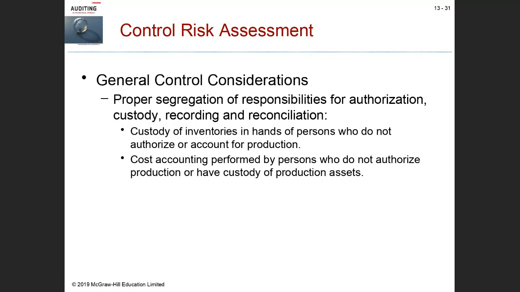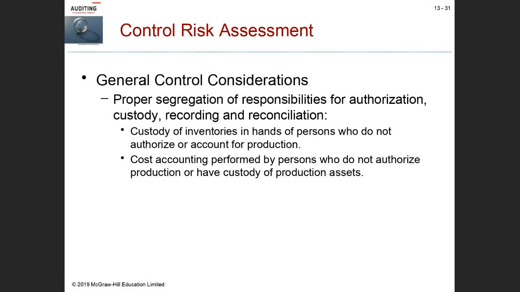So if you go to page 595 in the text, you'll see the paragraph there talks about the general control considerations. So again, looking at the PowerPoint, proper segregation of duties is always the key one.